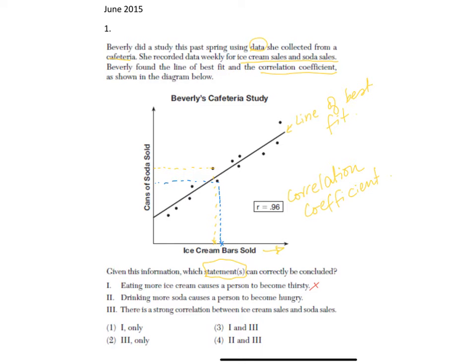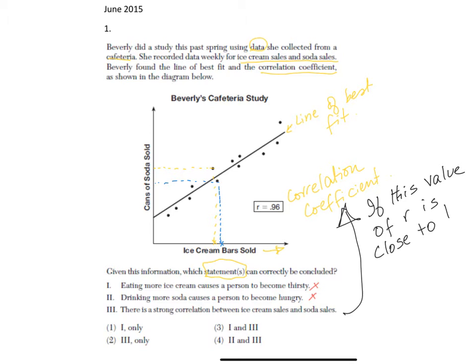Now similarly, drinking more soda causes a person to become more hungry. I think this is just the converse of the first statement. So let's check this. There is a strong correlation between ice cream sales and soda sales. So for this, we'll use this value. If this value of R is close to 1, close to the number 1, then the correlation is strong.